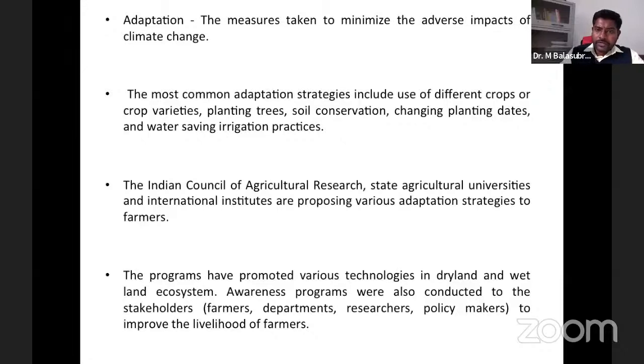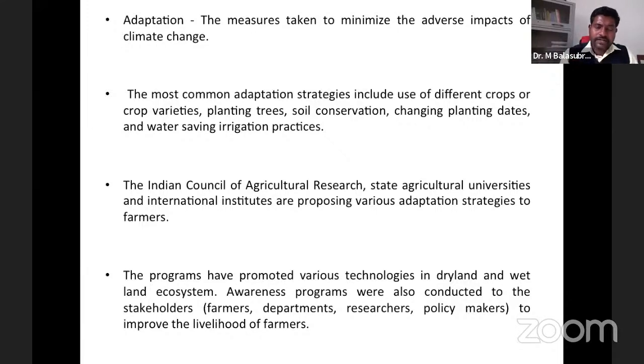Wherever the area covers, they made a very exclusive study of the basic characteristics of the region, people and administration, and based on that they developed these different kinds of adaptation strategies.